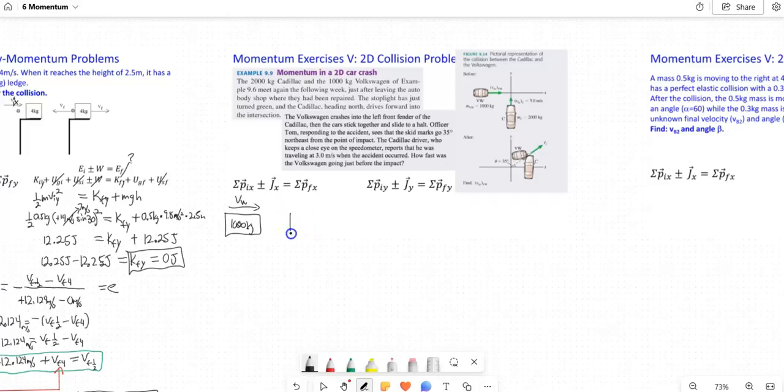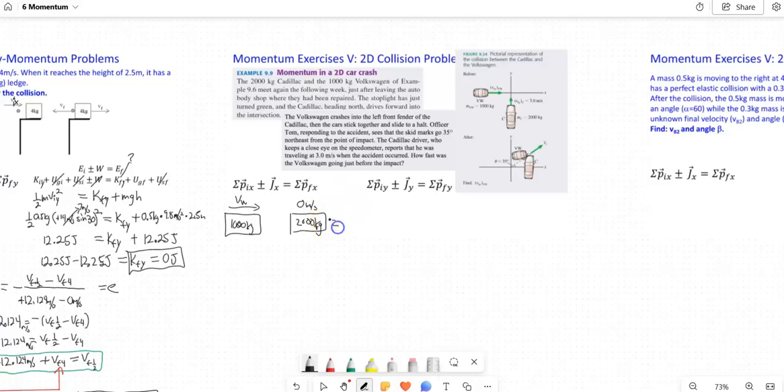The Cadillac has no velocity in the x direction. So this 2,000 kilogram object has 0 meters per second in the x direction.